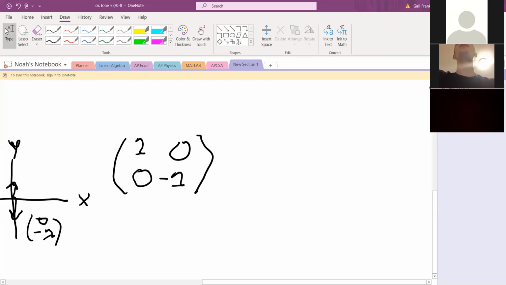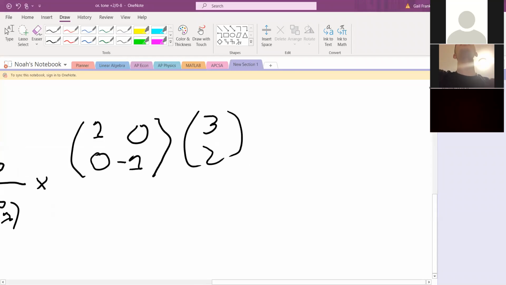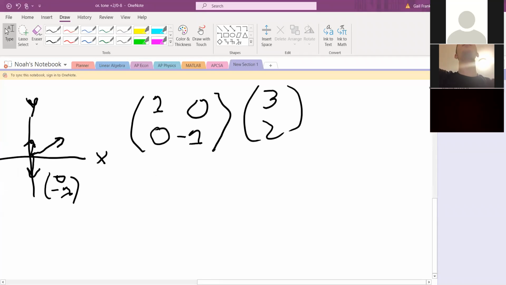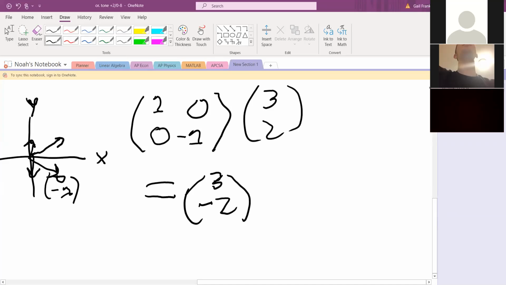If you multiply any vector, say 3, 2, and reflect it, you end up with 3, -2. You just flip the y coordinate. So that's how you can figure out the standard matrices. You can also memorize them, but if you have composite transforms, it can be useful to see what the transformation actually does geometrically.